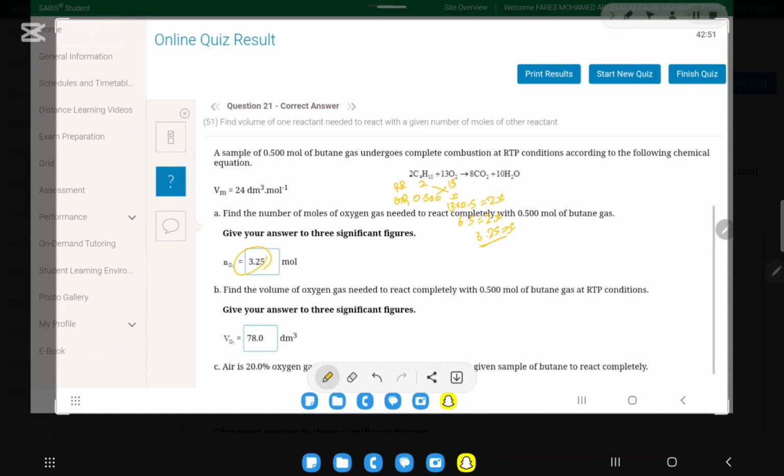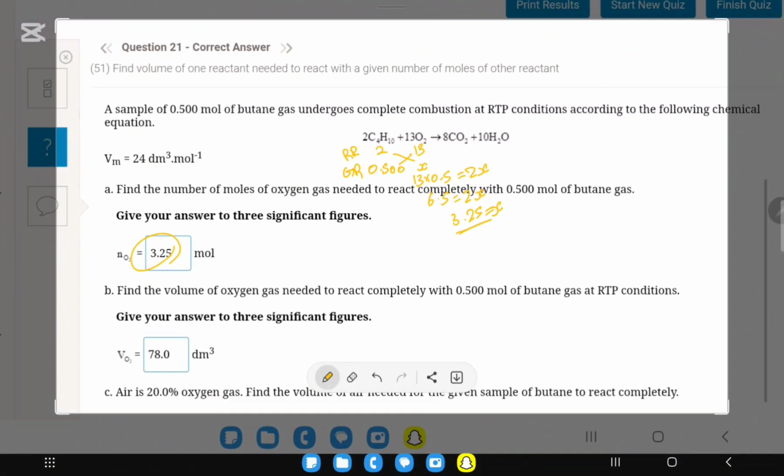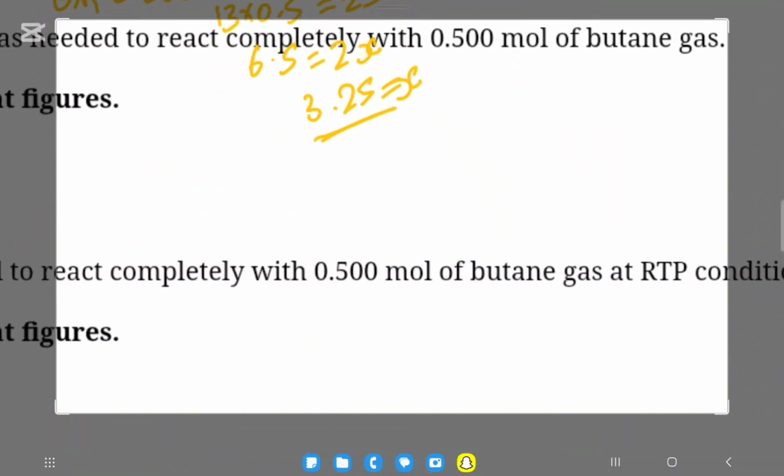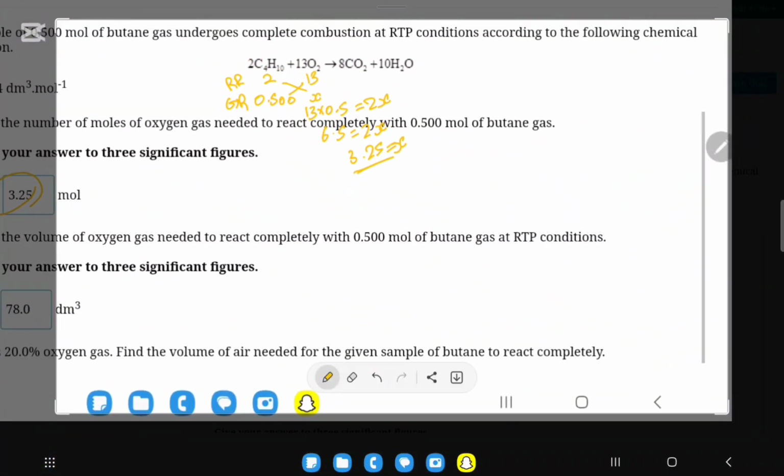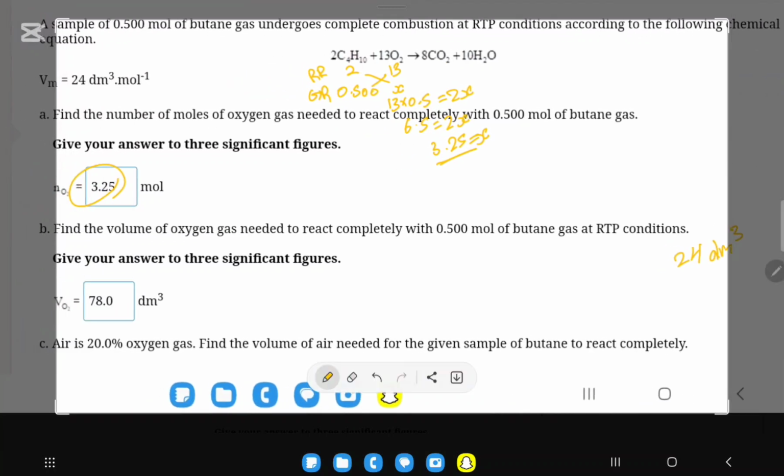Find the volume of oxygen gas needed to react completely with 0.500 moles of butane at RTP conditions. At RTP, we know that 1 mole takes 24 decimeter cubed. The volume is moles times Vm.